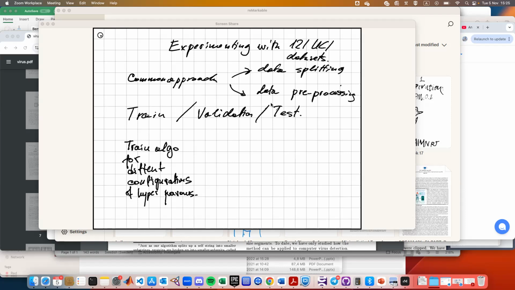And to understand which configuration is better, you use the validation set, obviously, right? So assess performance.